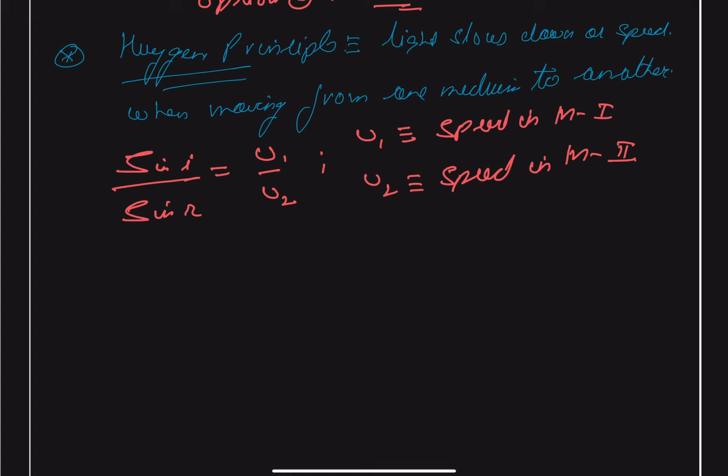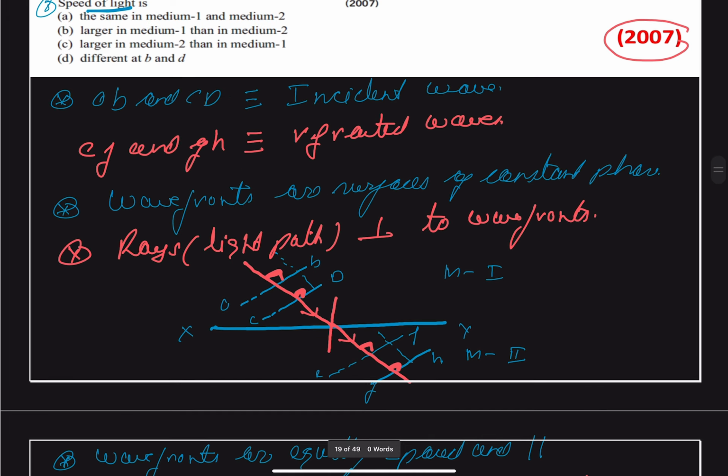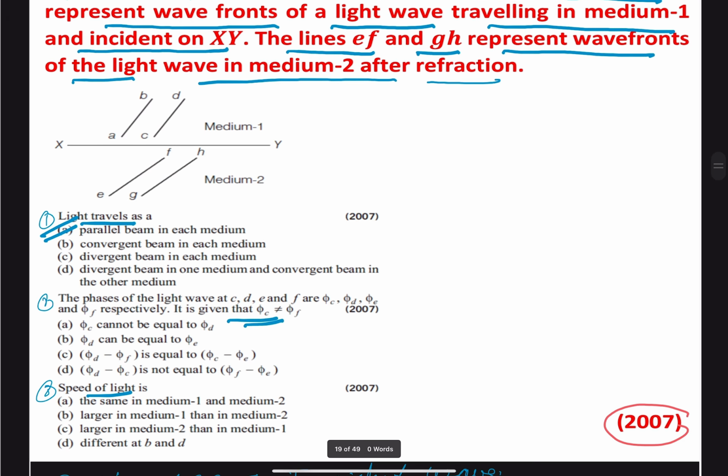The refracted rays in medium 2 are closer together, or compressed. From the figure itself it is clear that the waves in medium 2 are much closer as compared to medium 1.